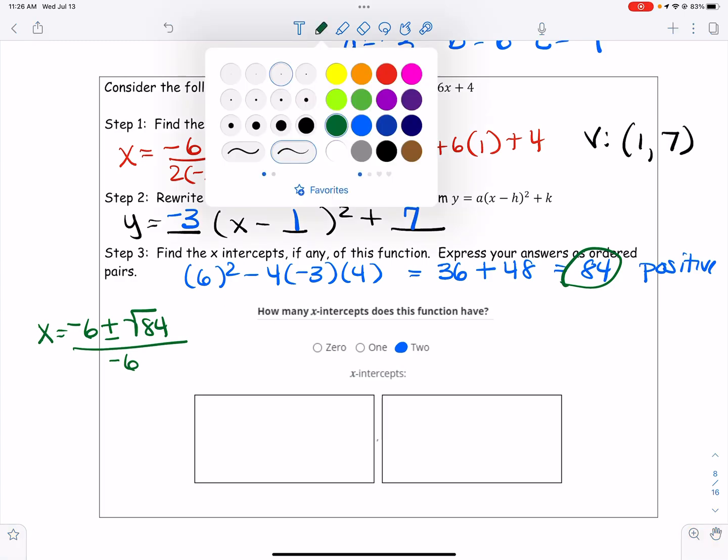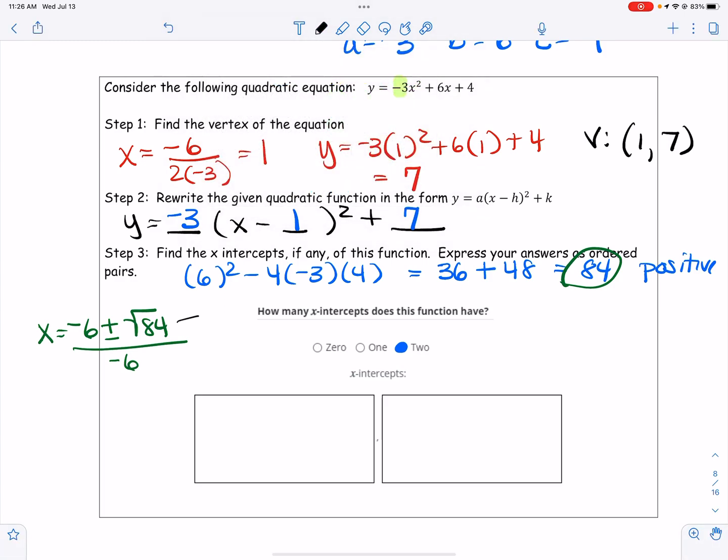So I do want to simplify my radical. This is square root of 4 times square root of 21, which is going to be 2 radical 21. So I am going to write this as negative 6 over negative 6 plus or minus 2 radical 21 over negative 6.